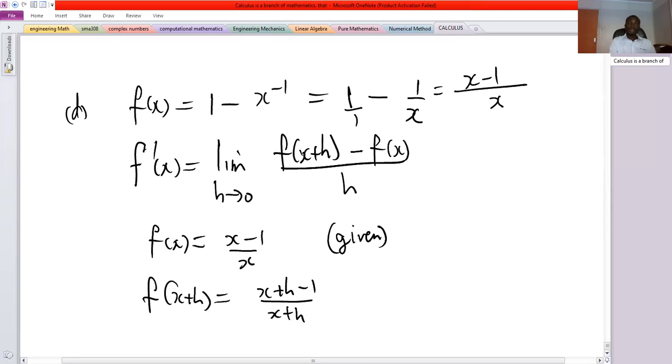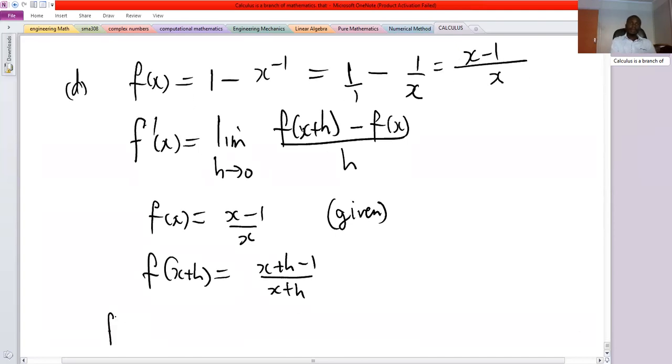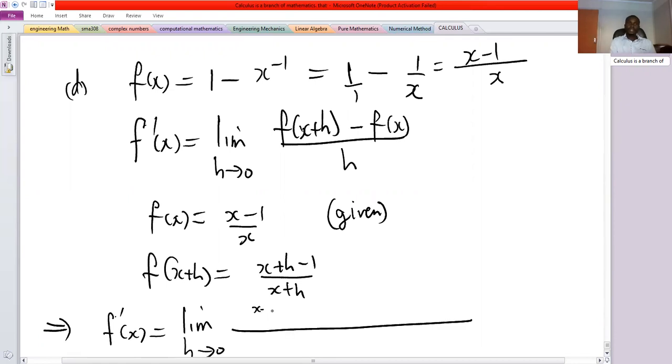So it tells us that now the derivative will be the limit as h approaches 0 of x plus h minus 1 over x plus h, minus x minus 1 over x, and then over h.